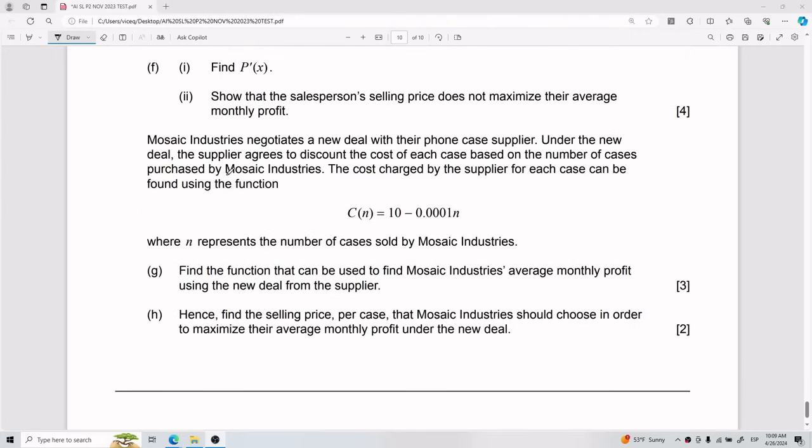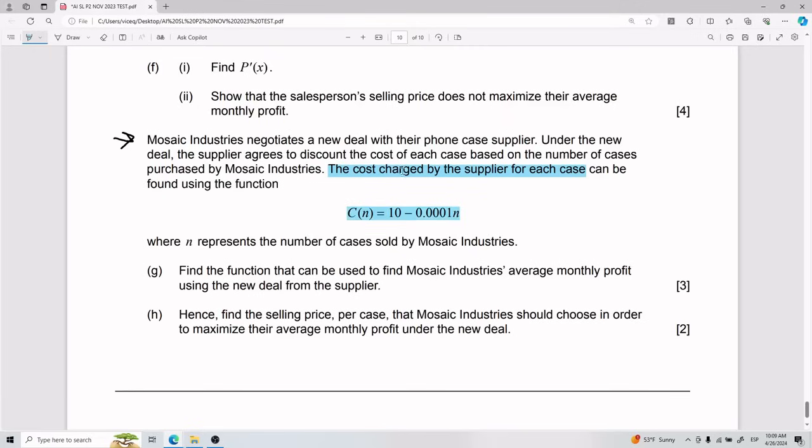Alright, you guys, and now for this last part, we have that Mosaic Industries negotiates a new deal with their phone case supplier. Under the new deal, the supplier agrees to discount the cost of each case based on the number of cases purchased by Mosaic Industries. And so, careful, here it says that the cost charged by a supplier for each case can be found using the function blah.